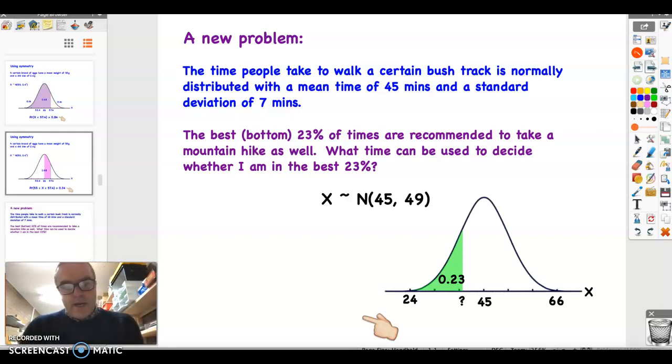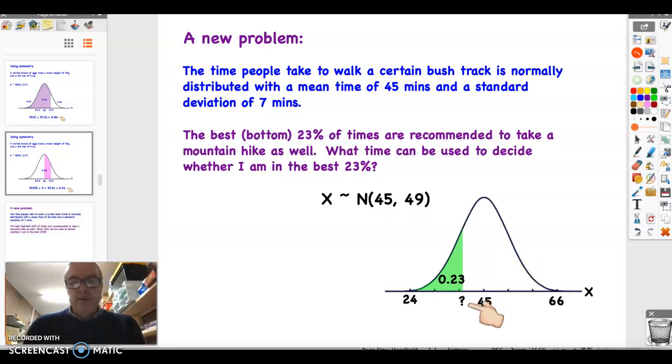Once again, I've sketched that situation, something I always encourage you to do. So here I've got the bottom 23% of the area from negative infinity up to this point, and it's this value that we're trying to solve. So that area shaded is 0.23. It's a distribution that has a mean of 45 and a variance of 49.